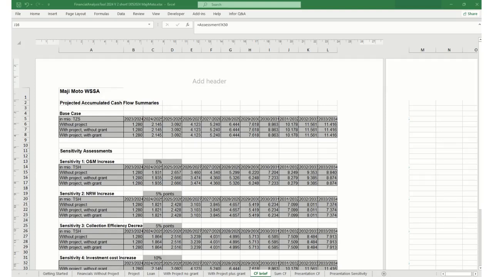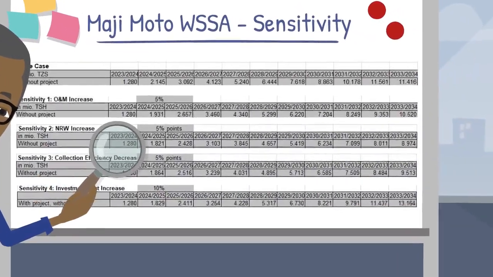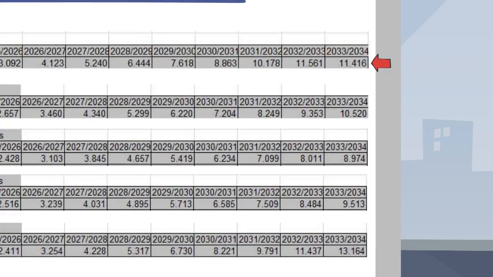If, however, your O&M costs increase by 5%, you can actually see the impact in your sensitivity scenario here. If your NRW costs increase by 5%, you can see the impact on your cash flow here. You can study the impact of the other variables below. As we can see in the example of Majimoto, the cash flow logically decreased in all cases.